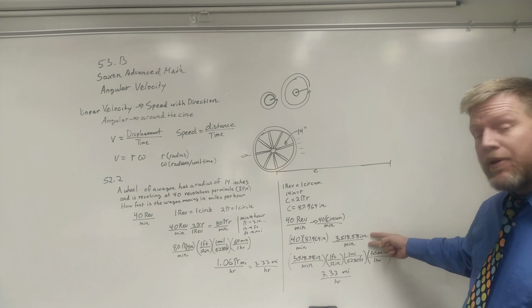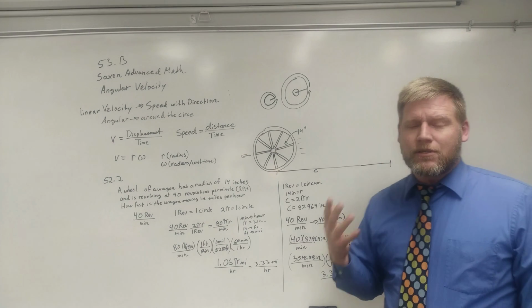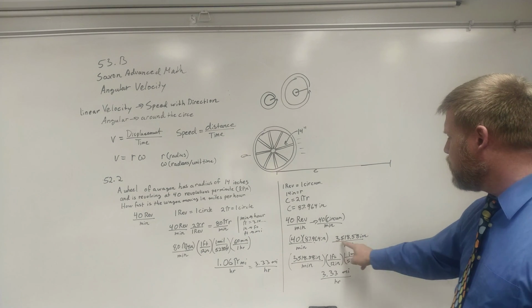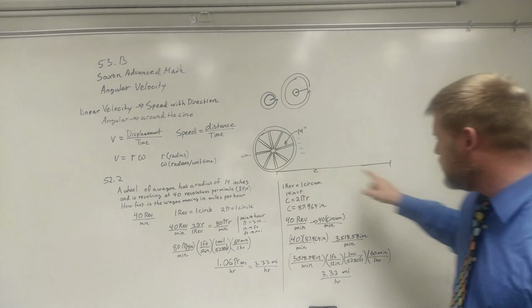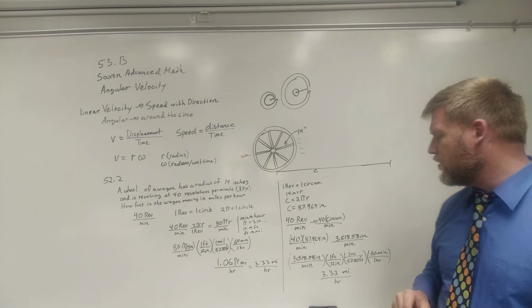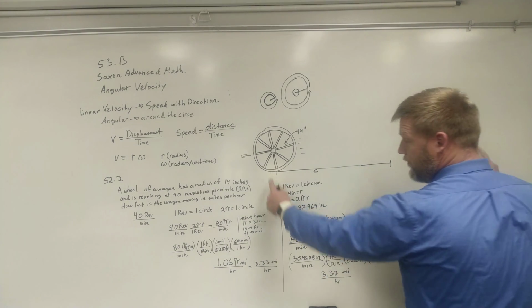And this is going to be what my rate is in inches per minute. This makes more sense in my mind, because really what I'm saying is this is how many circumferences per minute, 40 circumferences every minute. So I'm going 3,518 inches this way in every minute.